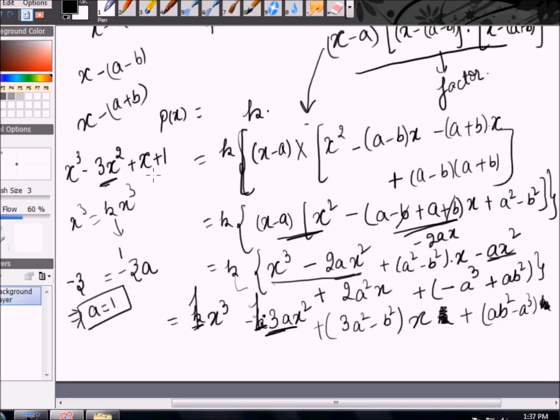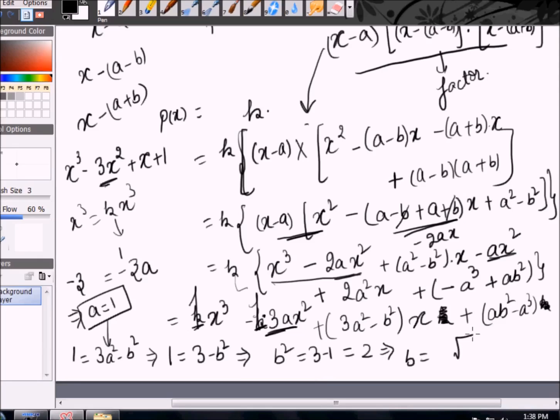Comparing the terms having x, we get 1 equals 3a square minus b square. Now a is 1, which implies 1 equals 3 minus b square, which implies b square, bringing b square to the left hand side, equals 3 minus 1, which is 2. This implies that b is equal to under root of 2, positive and negative.